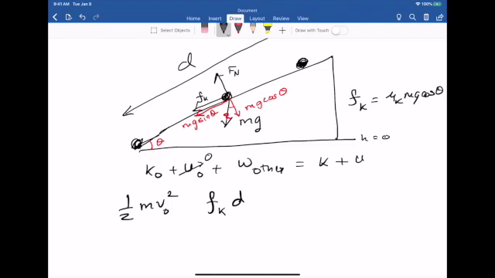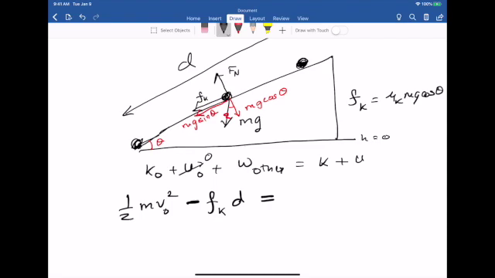The displacement is from the bottom position to the top position. The friction force is always down the incline because it's opposing the motion. So the angle between them is 180 degrees, and cosine 180 degrees is -1. So I'm just going to write minus Fk multiplied by d. That's W other.